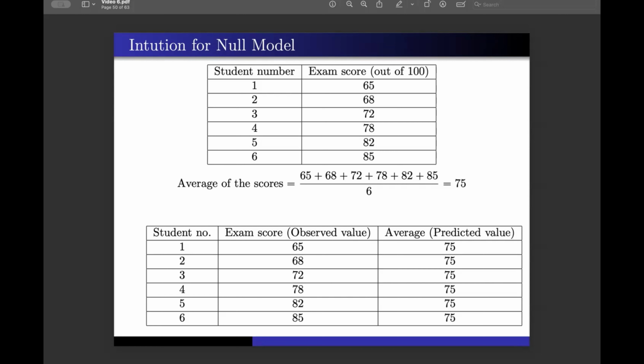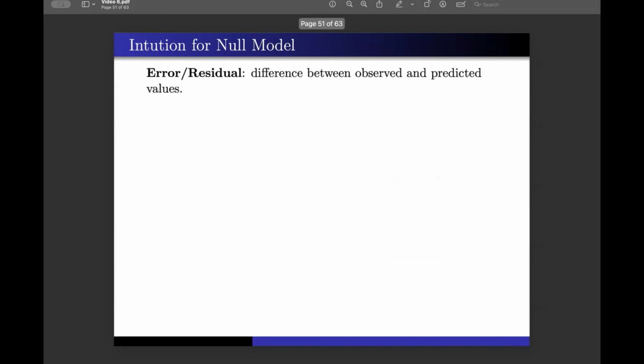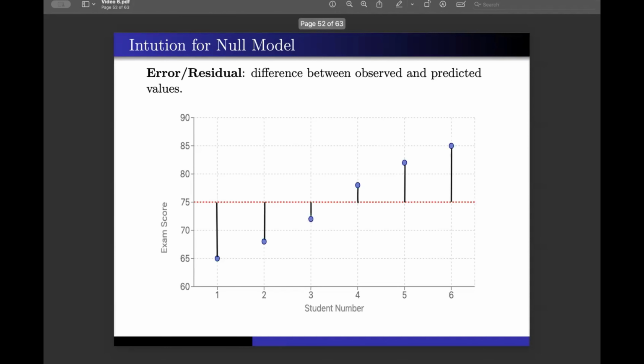In each observation, we can see that the observed value is not the same as the predicted value. There is some difference in each observation between the observed and the predicted value. Now, this difference is called error or residual. Let's try to visualize it again.